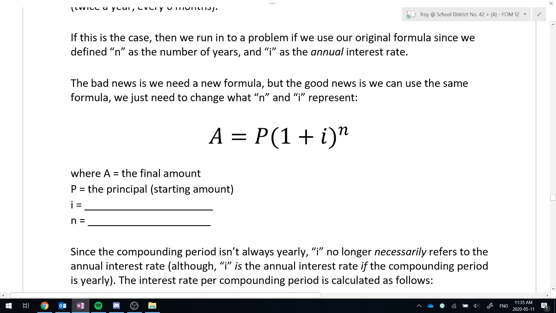So the i value was our interest rate from before. It's still going to be our interest rate, but this time it's going to be our interest rate per compounding period.